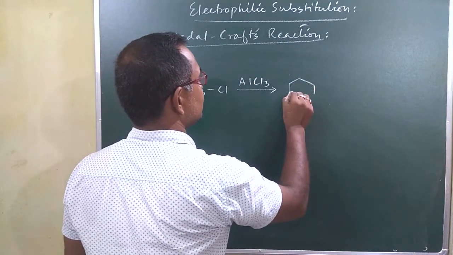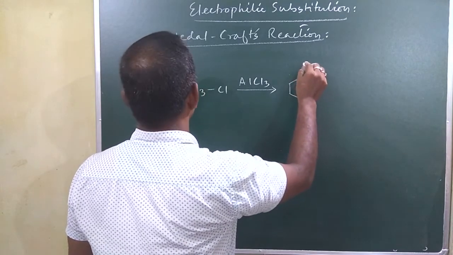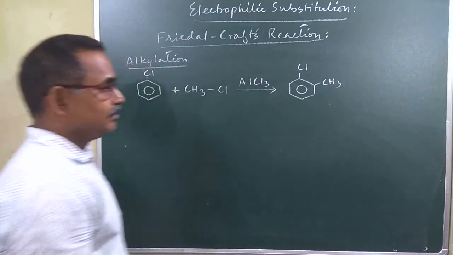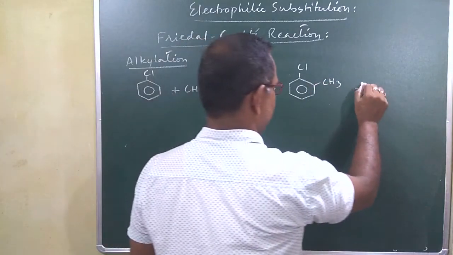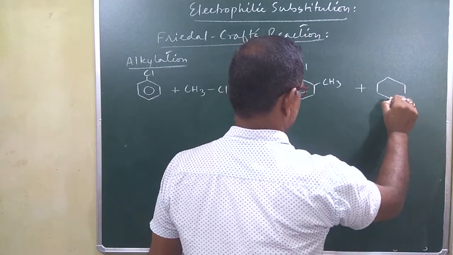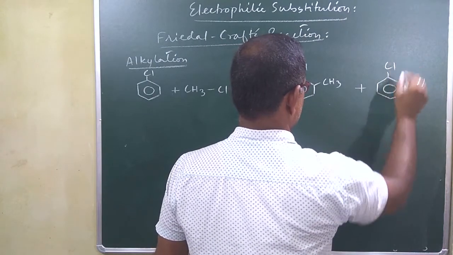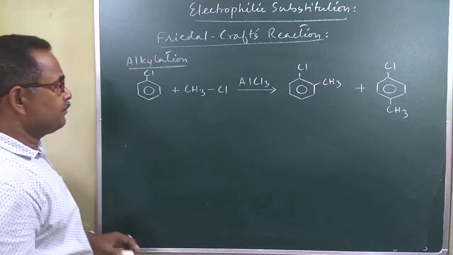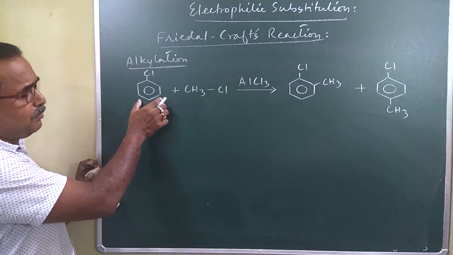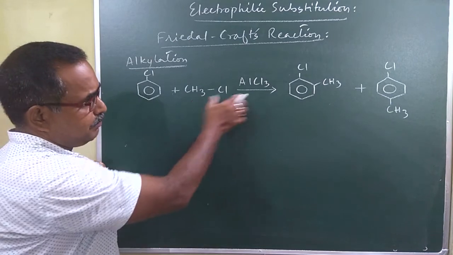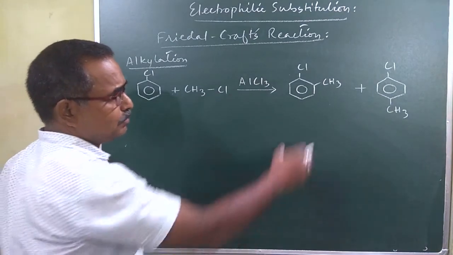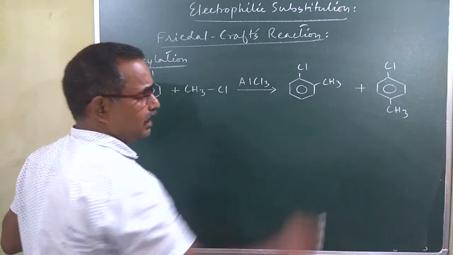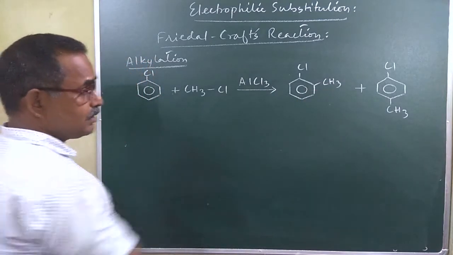As a result, we will get this compound and this compound. Okay. So chlorobenzene reacts with methyl chloride in presence of AlCl3 to produce orthochlorotoluene and parachlorotoluene. This is the major product.